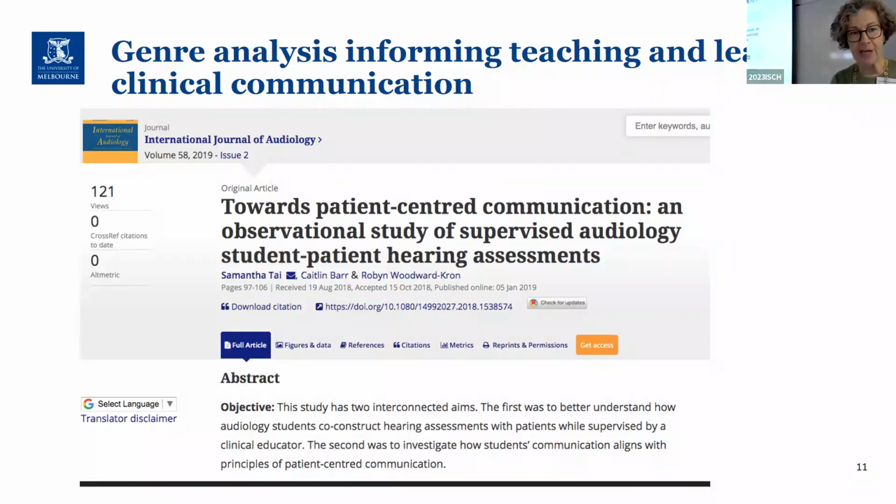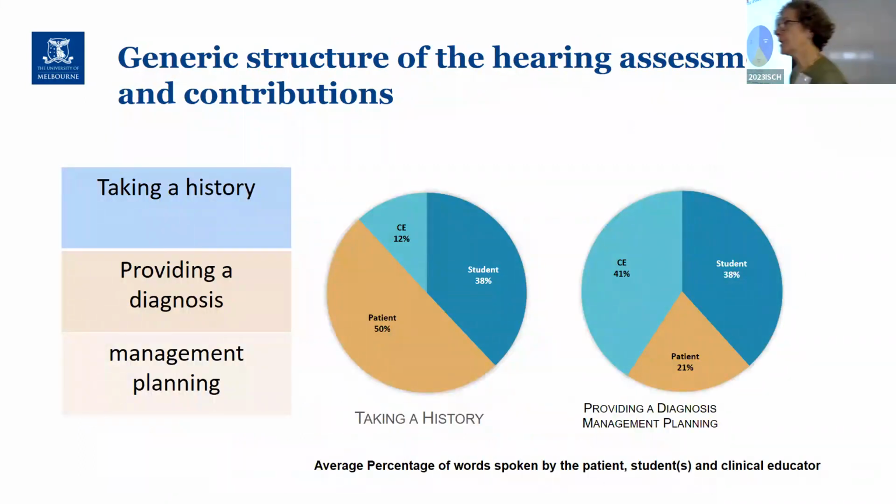And what she found in her work, she did a genre analysis, so predictable stages of taking a history, providing a diagnosis, management planning. And she just looked initially at who talked. So as you expect in taking a history, the student talked quite a lot, as did the patient, and the clinical educator very little.